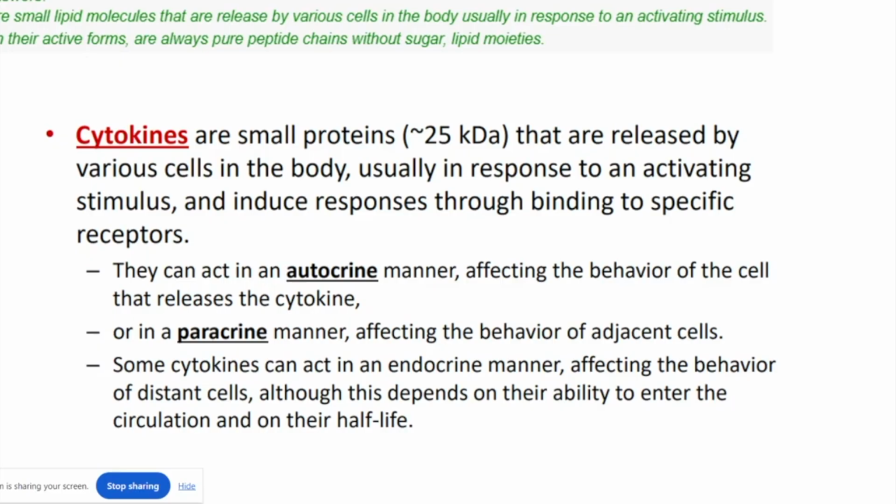They could be attached sugar or lipid moieties to these cytokines. And rest of the options are correct as mentioned here. They act in autocrine manner or paracrine manner.